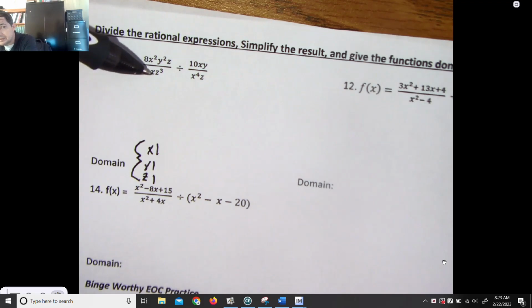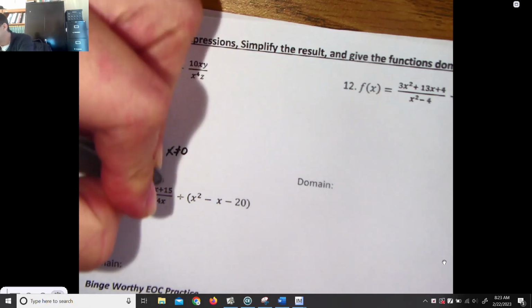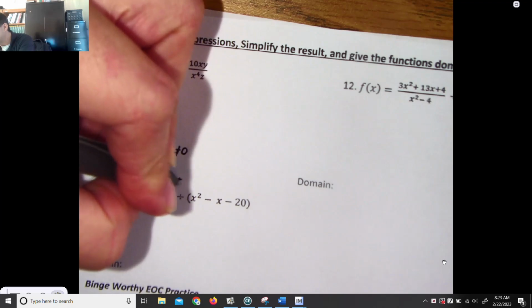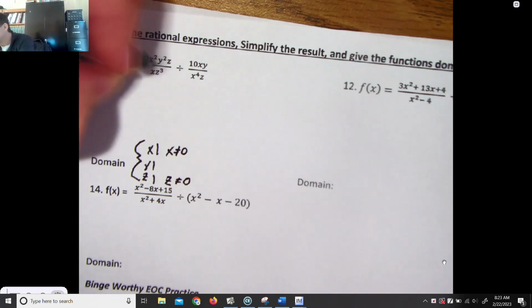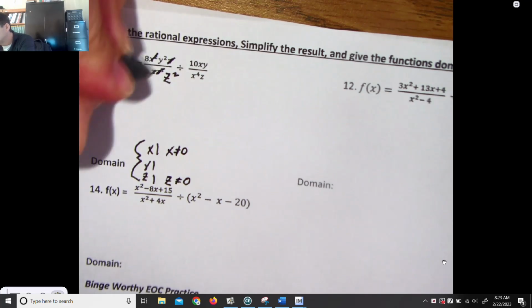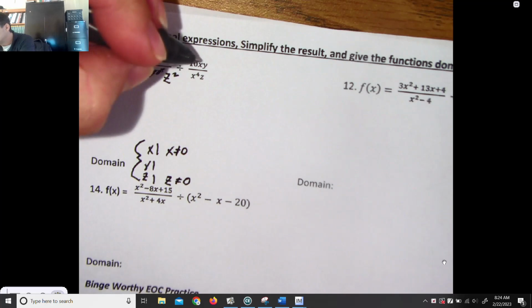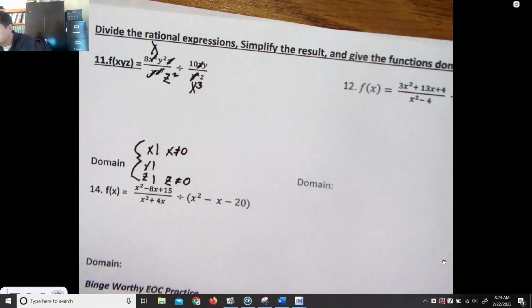So if I glance at this thing real quick, I notice that x can't be 0 and z can't be 0 because that would be dividing by 0. X is not 0. Z is not 0. Now I'm going to do division, which means before I do the division, I'm going to reduce, just to make things smaller.